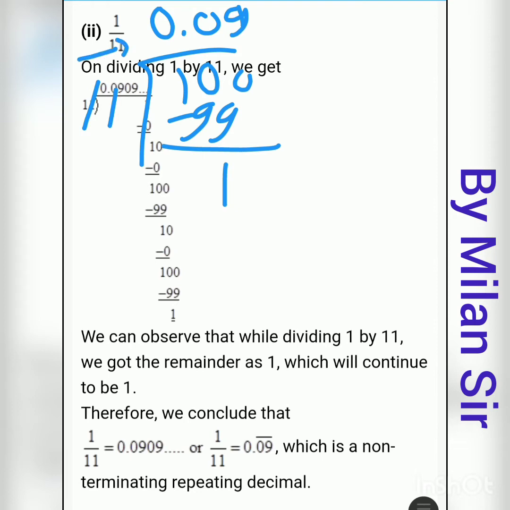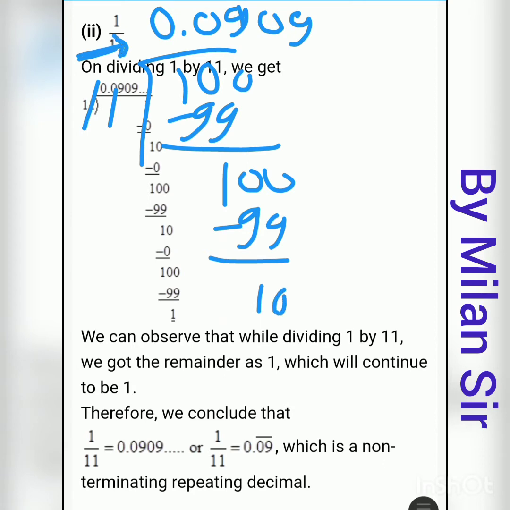Now again we get 10, but we cannot divide 10 by 11, so in the answer we put 0, and we get 100. Again 11 nines are 99, 100 minus 99 is 1. Again we get 10 because division is not possible, so again we put 0 here. 11 nines are 99.